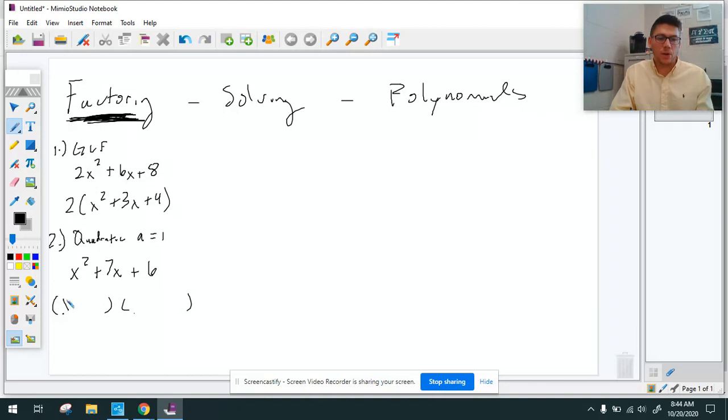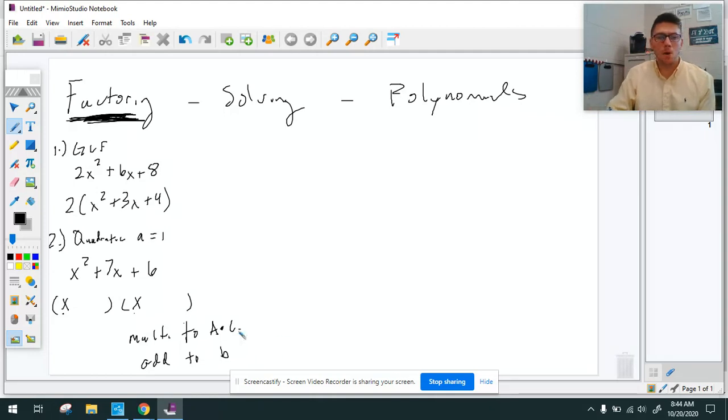So what has to go there? An x and an x. To multiply, do the foiling to give us an x squared. But then we have to find 2 numbers that multiply to a times c and add to the b value. That's the number puzzle that we have to find here.